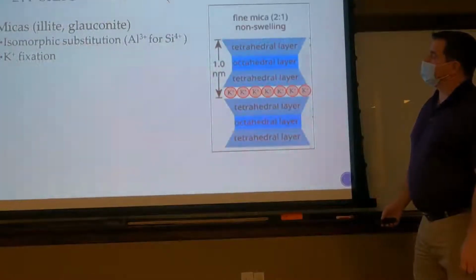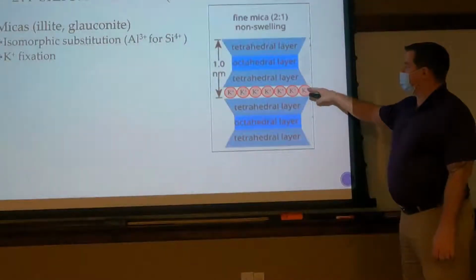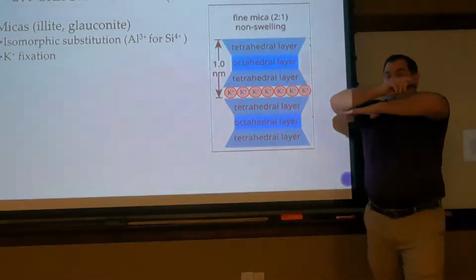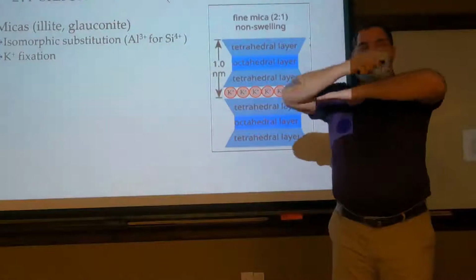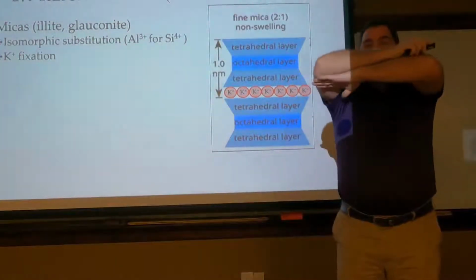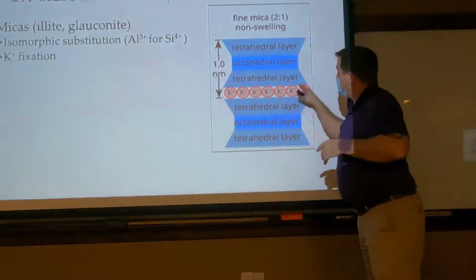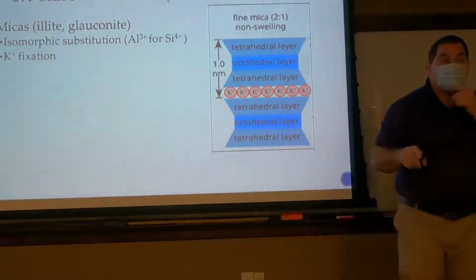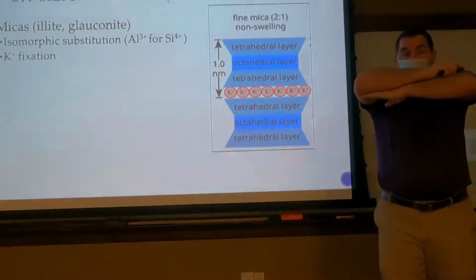For this interlayer collapse, we have these 2-to-1 layers that have some water come in, move in between the middle of those two layers, and potassium is in there, becomes adsorbed to this tetrahedral layer through outer sphere adsorption, but then the water is removed from that system.